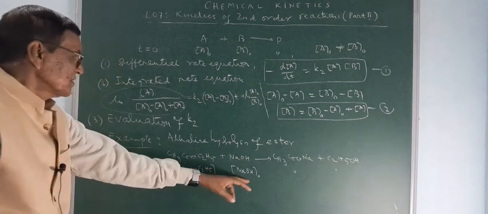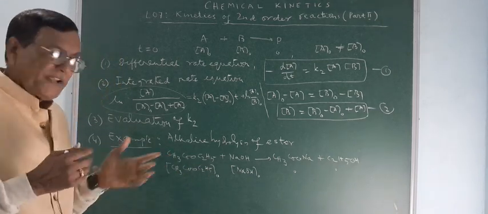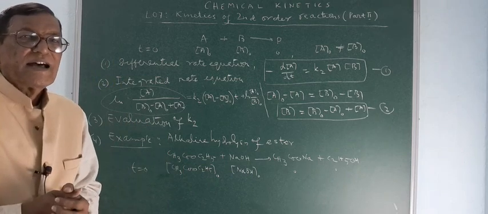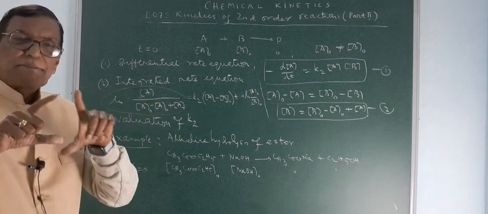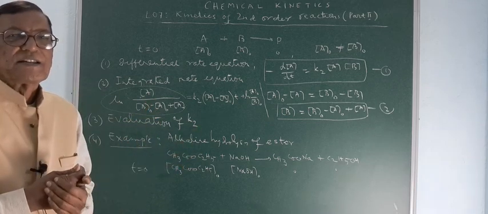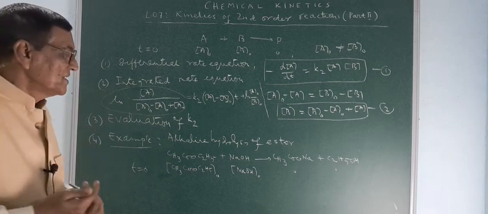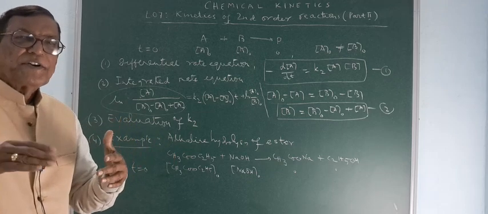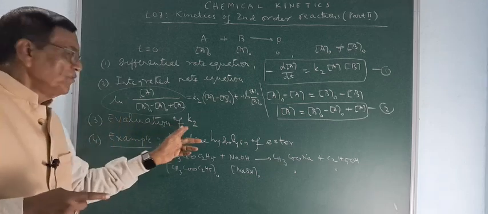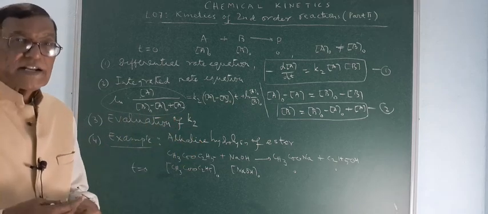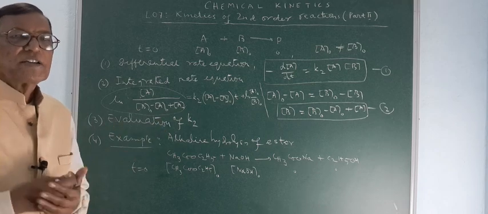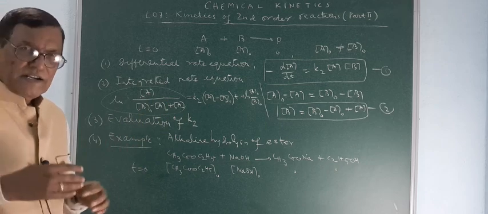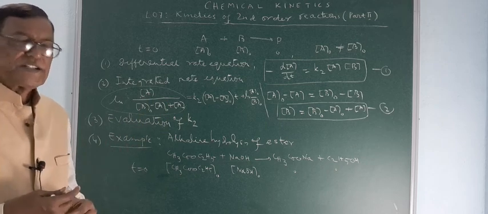So the initial concentrations of these two are known, and they are mixed at a given temperature. Temperature has to be kept constant. Whenever temperature is changed, K2 will also change. Generally, when temperature rises, K2 will also rise, following the Arrhenius equation, which we shall deal with in later discussions.